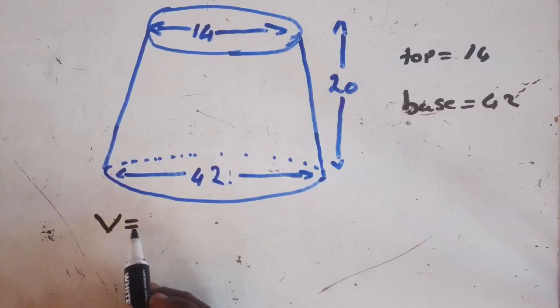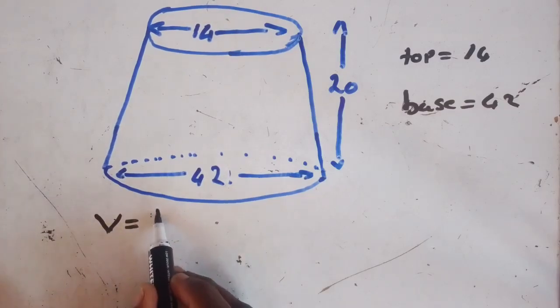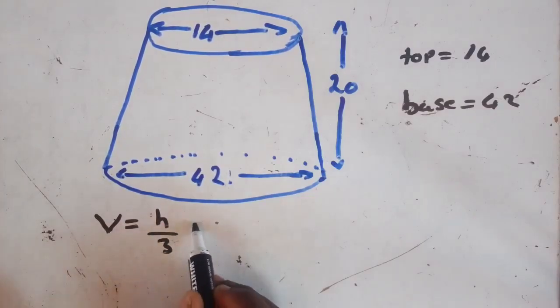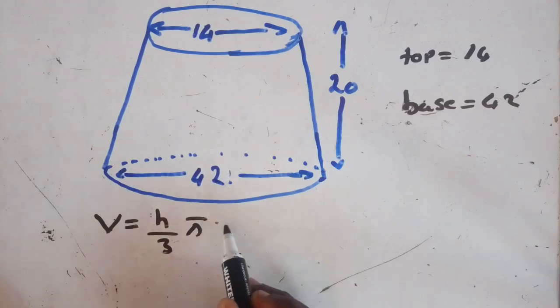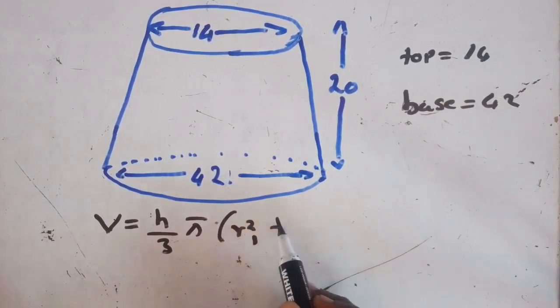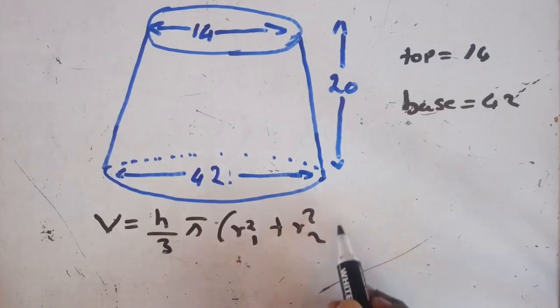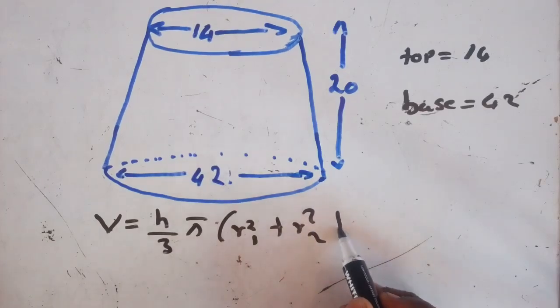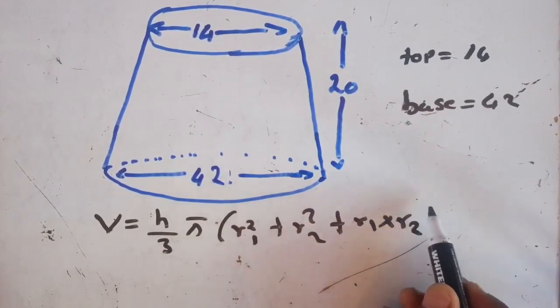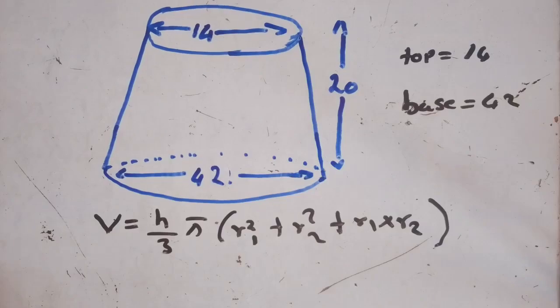Volume is equal to height over 3, pi, multiplied by radius 1 squared plus radius 2 squared plus radius 1 times radius 2. So this is a method you can use to easily calculate the volume of the cone.